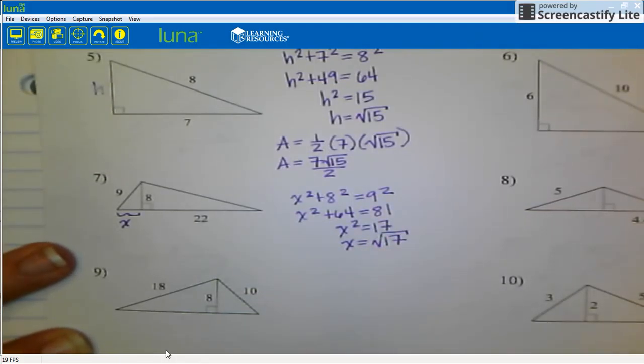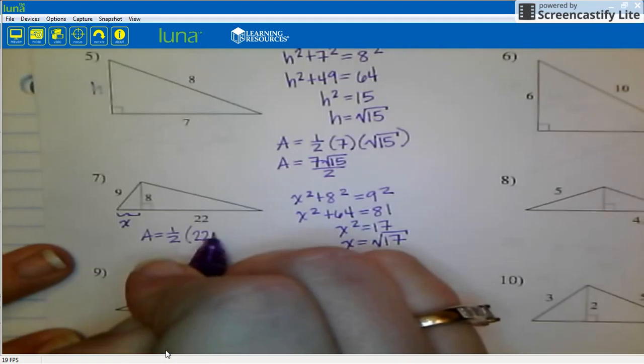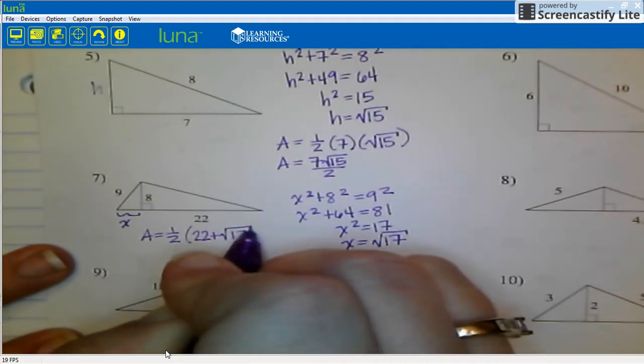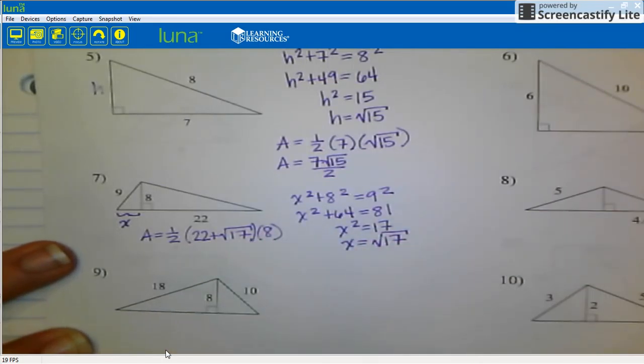So what that means is my area is going to be equal to half of my base, which is 22 plus the square root of 17, times my height, which is 8.